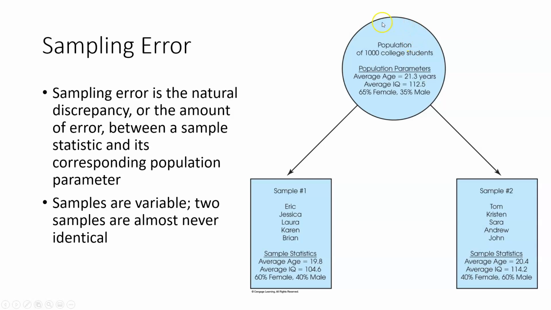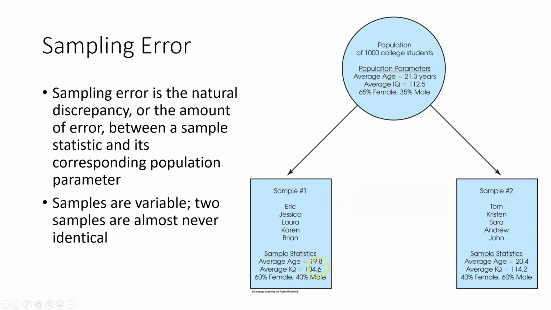Recall that if you have a population of 1,000 college students, the average of that population, say in this example 21.3 years, will be approximated by each sample you take from the population, but each sample average will not perfectly reflect the population average. No two samples will be alike, and no sample will perfectly exactly yield the value of 21.3 years as the average age.